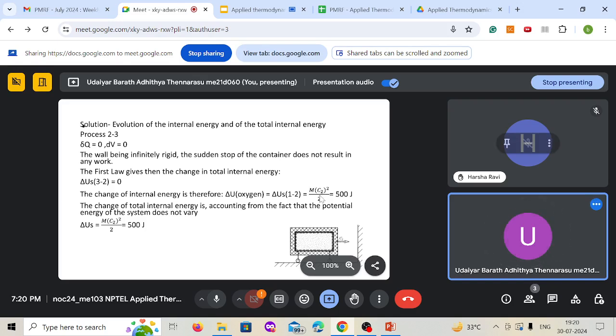The oxygen internal energy didn't change, but the total system's internal energy changed. When it came to an abrupt stop, this energy was no longer moving the container, but it was a sudden stop. This energy cannot dissipate anywhere else, so it went into raising the internal energy of the oxygen. That is what happened in the two processes.